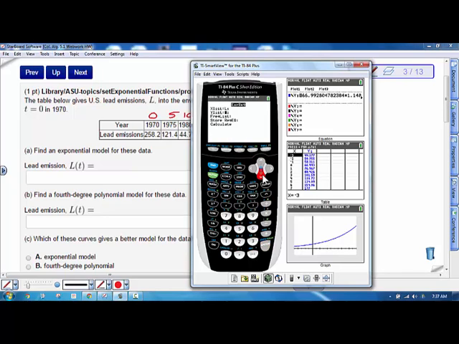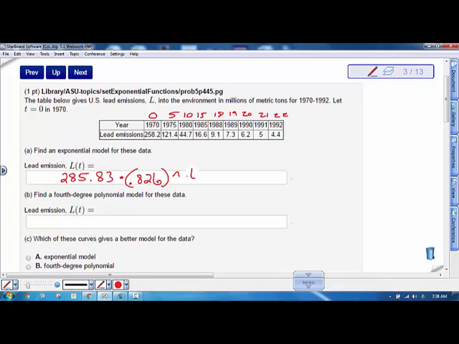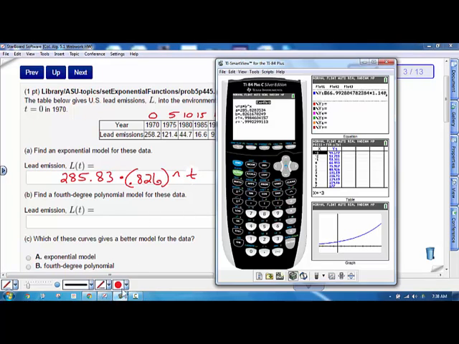And we're going to go down and hit calculate on this one, and it gives us an exponential equation that I can write down, 285.8, let me write this down right here. There you go, just copy down, put an A, I rounded it to the hundredths here and thousandths here, but that's fine. Oh, I need to use t instead of x as well. But that's what they want us to do for that one.